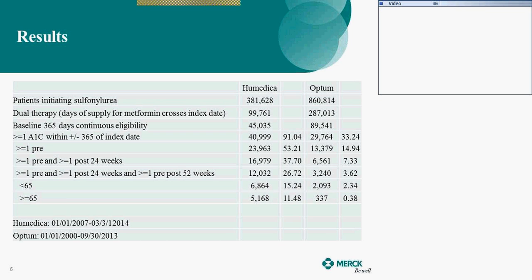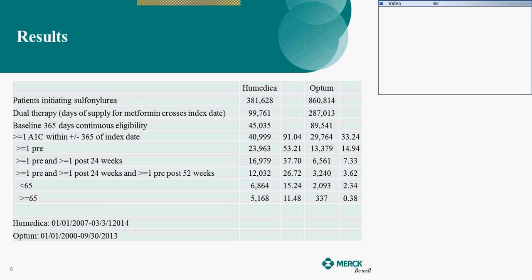Applying the A1C criteria, the numbers are totally reversed. About 9% of Humedica patients have at least 1 HbA1c lab within plus or minus 1 year of the index date, while only 33% of the Optum patients have an HbA1c lab.